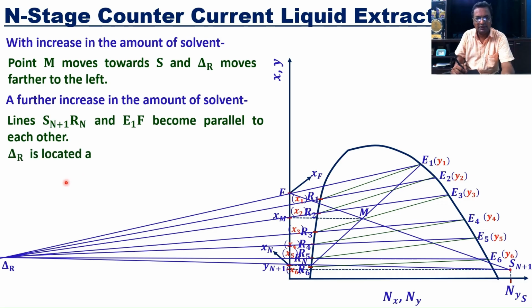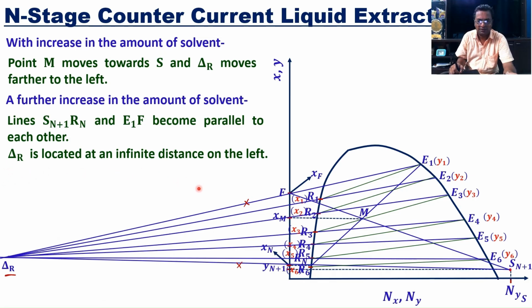If this line and this line become parallel, delta R will be located at an infinite distance. So in that case, delta R is located at an infinite distance on the left.